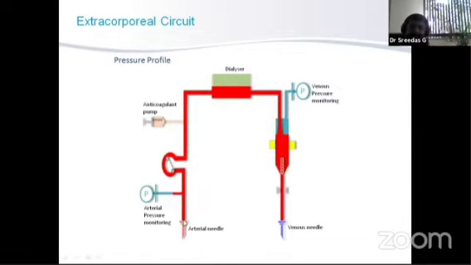So the first segment of the arterial limb before the pump is a negative pressure segment, and if you measure the pressure here, it will be negative. That is important because a negative pressure sucks air from the atmosphere, and if you suspect an air embolism or any problems like that, you have to check the access and any leaks somewhere here that is causing air suck.